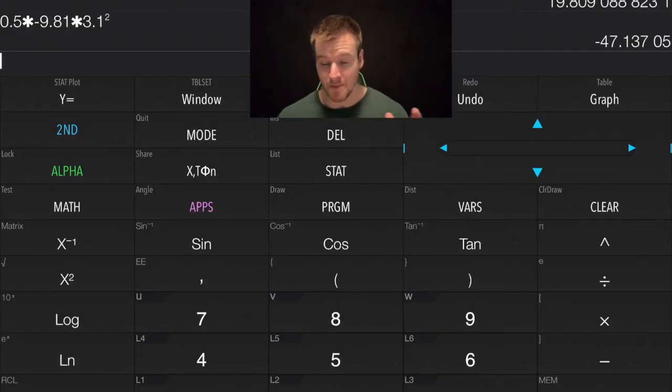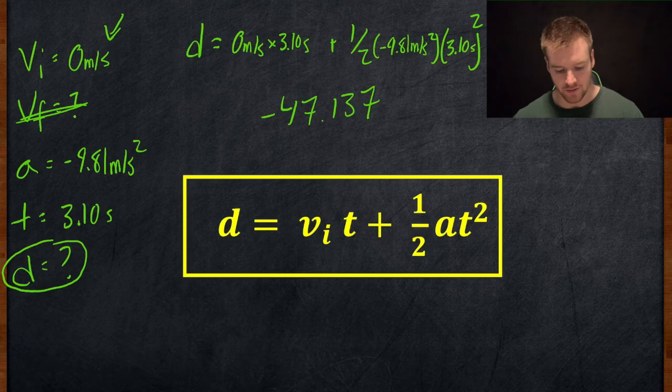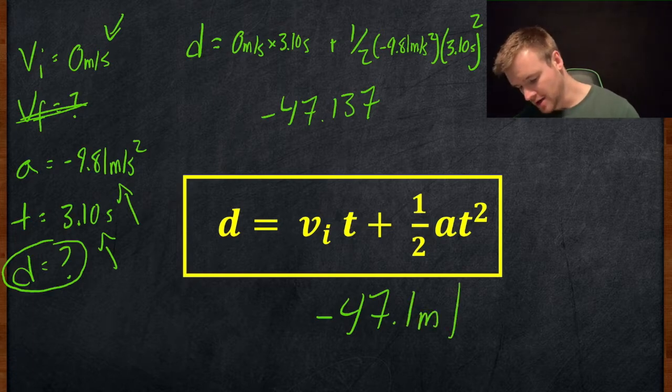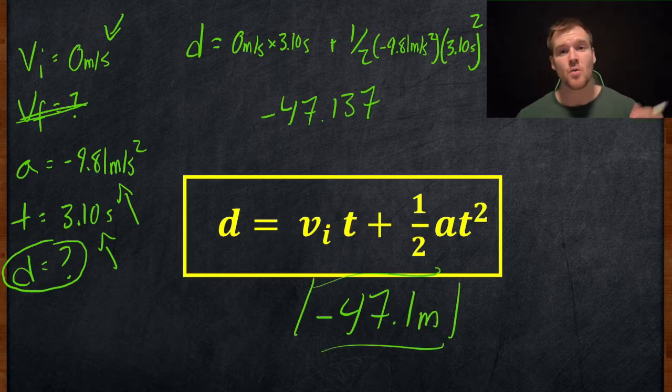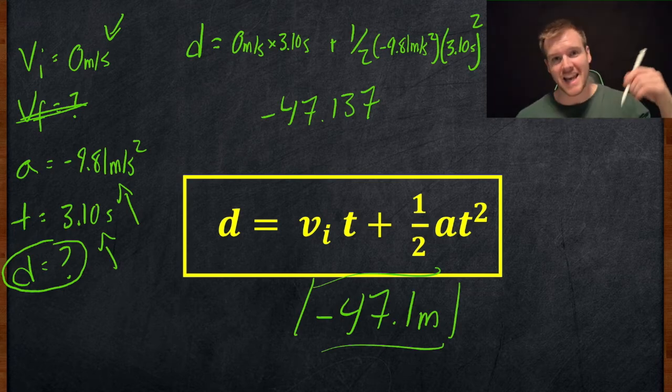Plugging that in, I'm getting a number of negative 47.137. And so rounding to significant digits, we put 0 there because he was stopped, so that's like 0.000. We have 3 digits here and 3 digits here, so this is going to be negative 47.1 meters. The reason why that's negative is because he went downwards, so displacement from where he started to where he finished is in the negative direction.